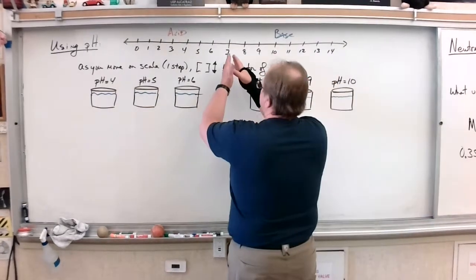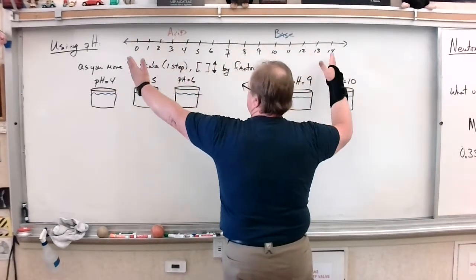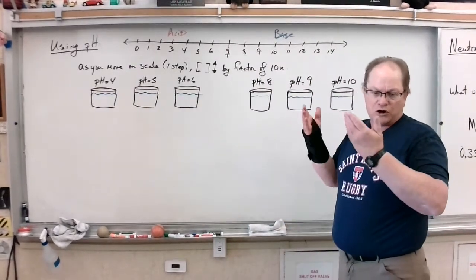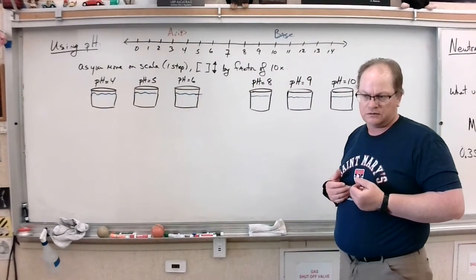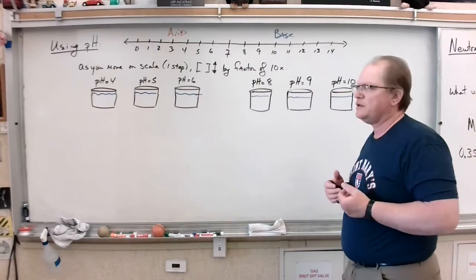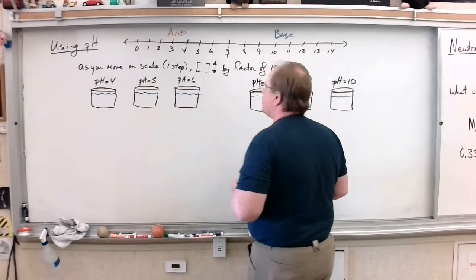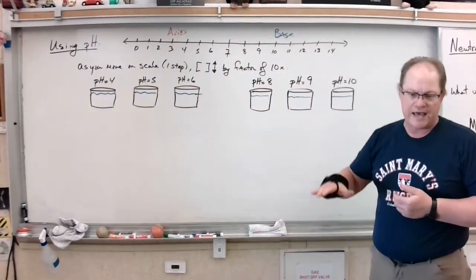As you move away from 7, the values of concentrations get bigger by 10. As you move towards 7, the concentrations go down by 10.